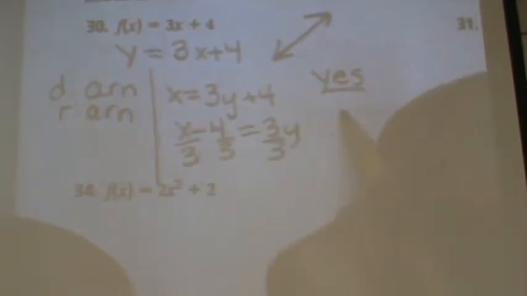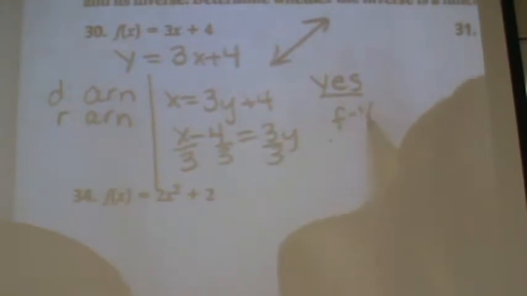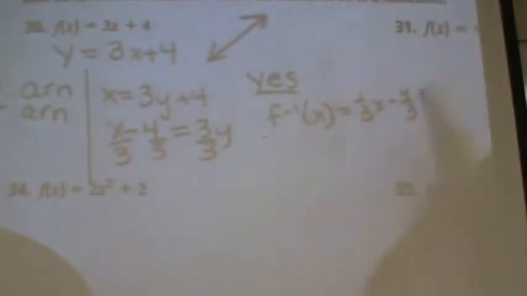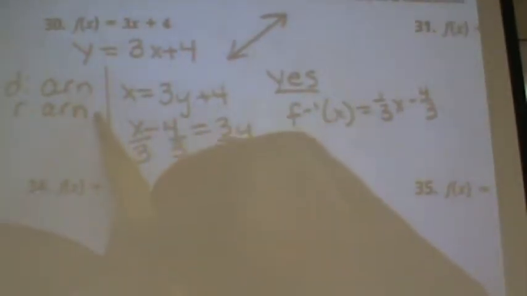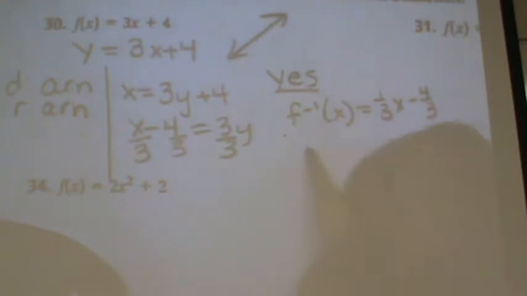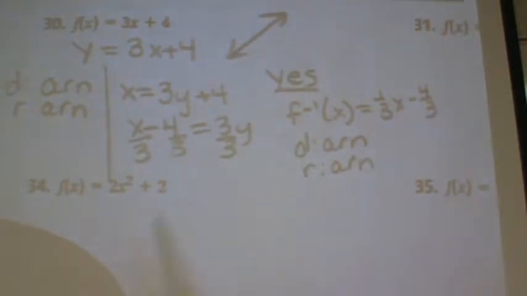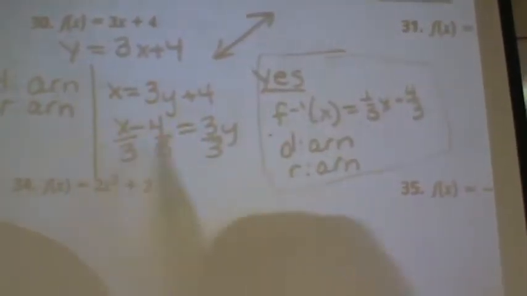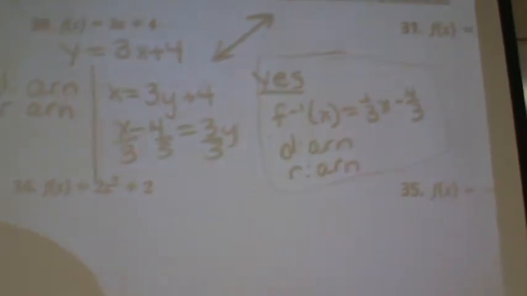So your inverse is going to be f negative 1 of x is equal to 1/3 x minus 4/3. Now your domain and your range for this, it switches, but since they're both all real numbers, it stays the same, all real numbers. So here's the inverse information, and that's the regular function.